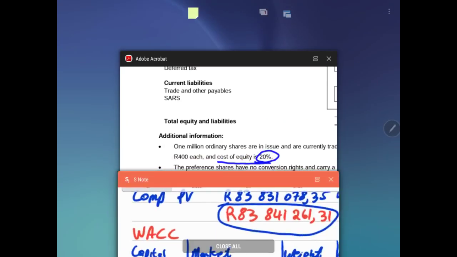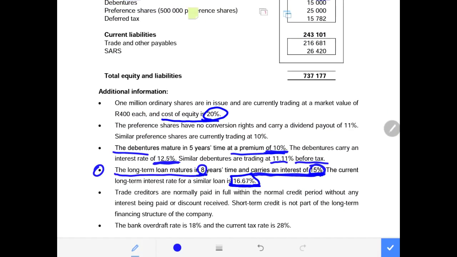In our preference, the cost is 10%, because we are doing our work according to the market values. Remember that is the cost according to the market. The dividends payout is 11% here, but that is what we are paying, not according to the market. But similar preference shares are trading at 10%.